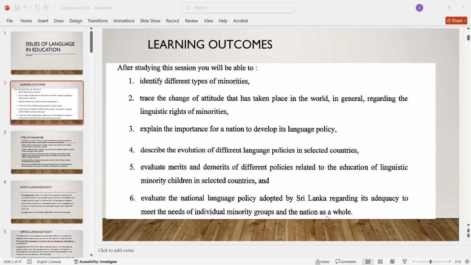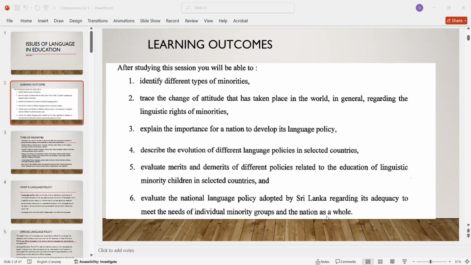This lesson is related to minorities. In some way, we are also a minority in our country, so we are also facing language issues. Here in this module, they have selected a few countries.